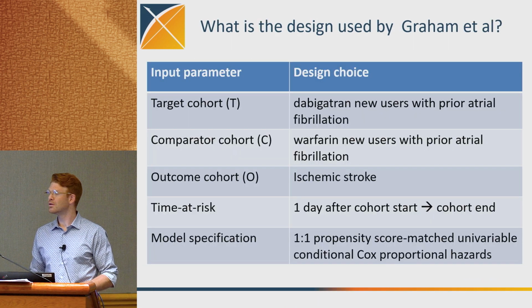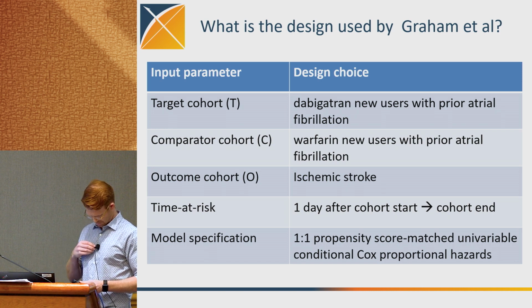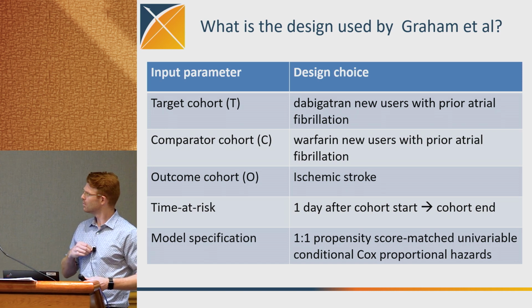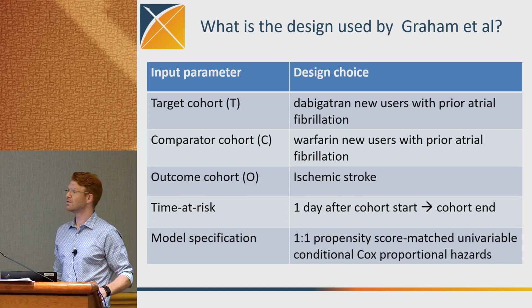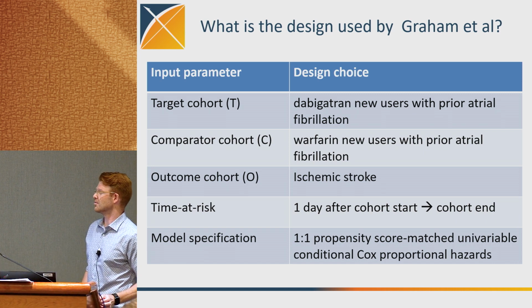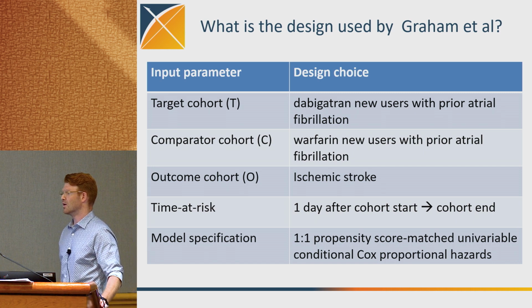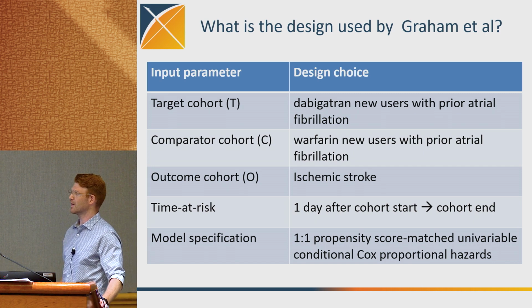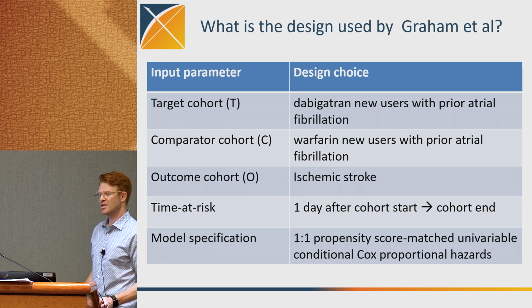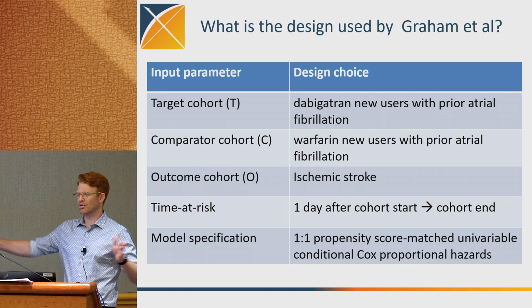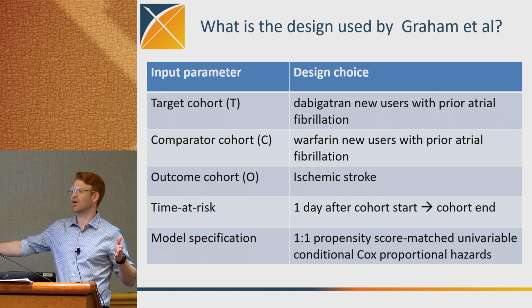Hey, that's very interesting how you define the time at risk. So do you always define it relative to cohort start? You can define the time at risk however you like, and you can pick as a reference point the cohort start date or the cohort end date. So you could say something like time at risk is 1 day after cohort start date until 10,000 days after cohort start date, and that will look at a person's entire observation record.